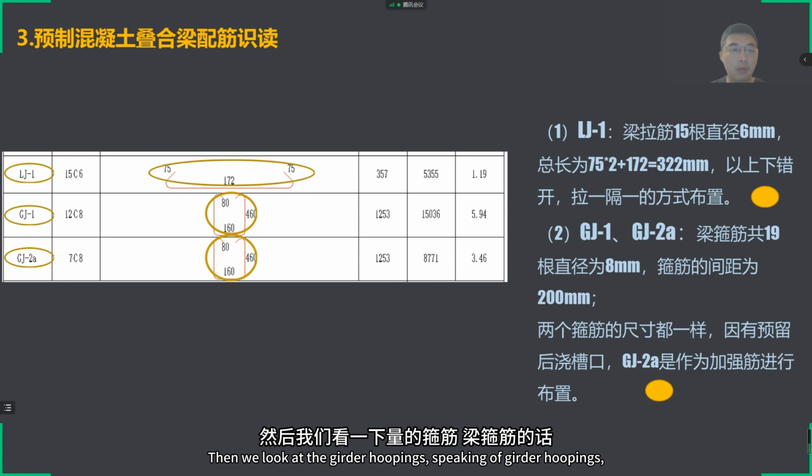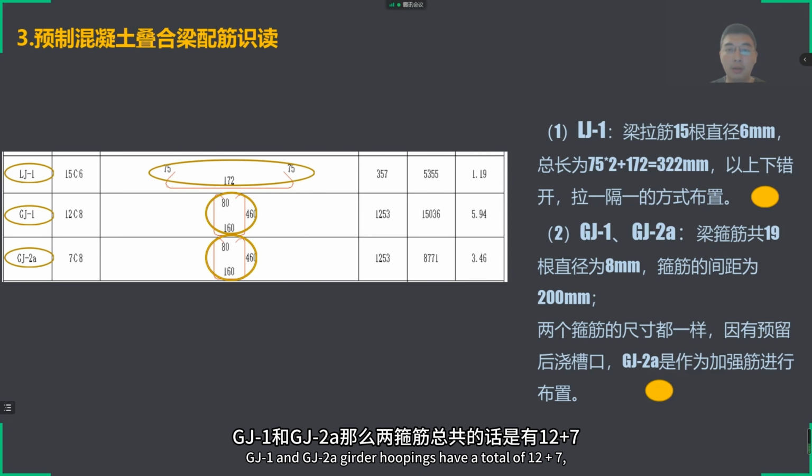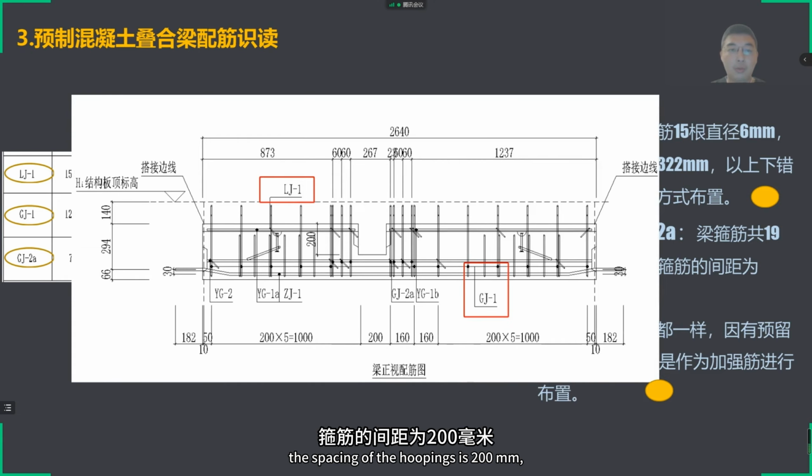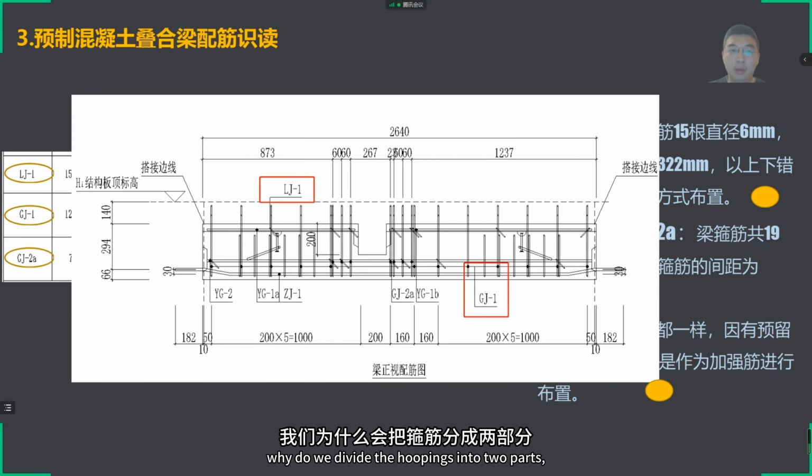Then we look at the girder hoopings. Speaking of girder hoopings, JJ1 and JJ2 are girder hoopings, with a total of 12 plus 7. That is 19. The diameter is 8 millimeters. The spacing of the hoopings is 200 millimeters. Why do we divide the hoopings into 2 parts?